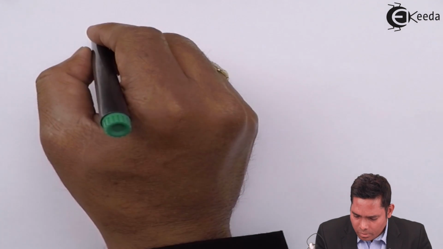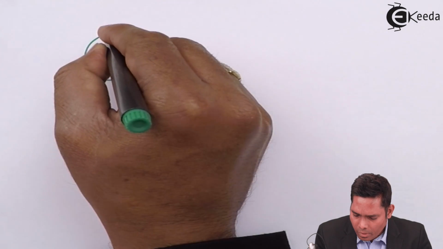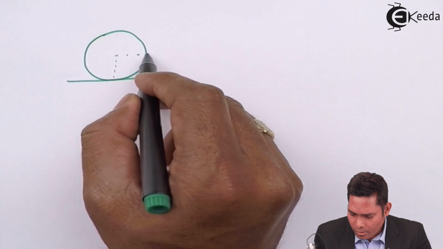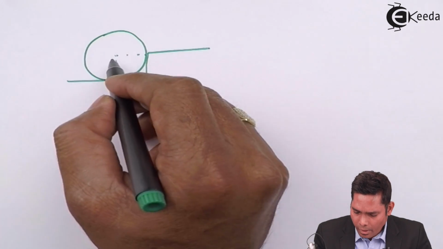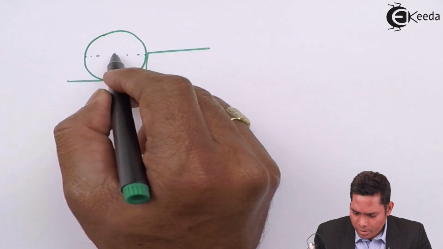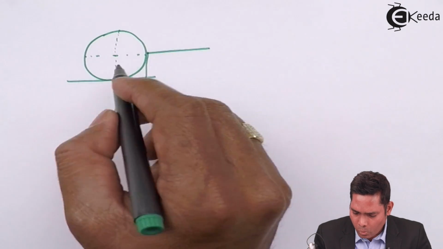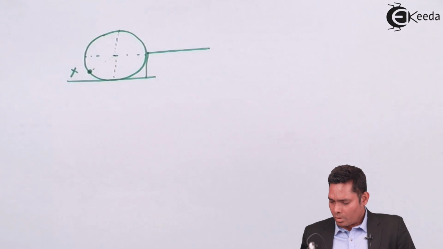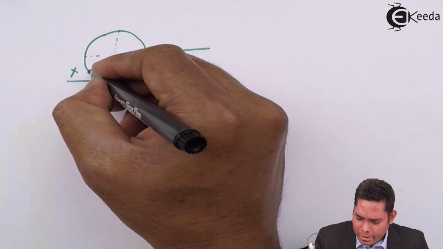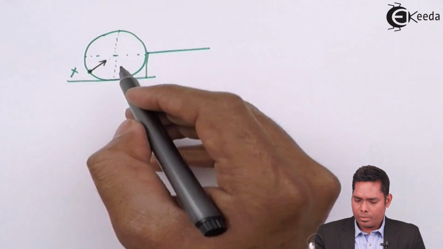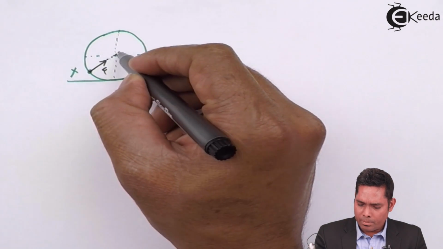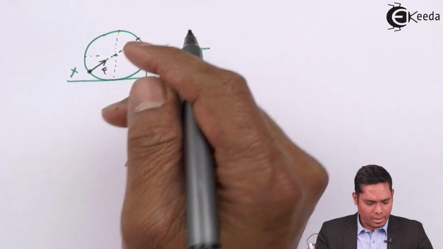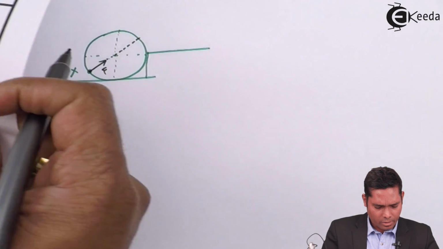I have a wheel like this, and this is the point P, this is the point S, and this is the point Q, and there is a point X here. Now the force is applied normally, so it will be like that only. This is the force applied at this point. Suppose this makes an angle theta with this.